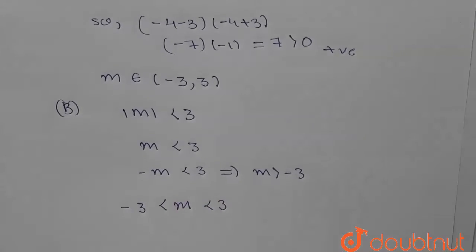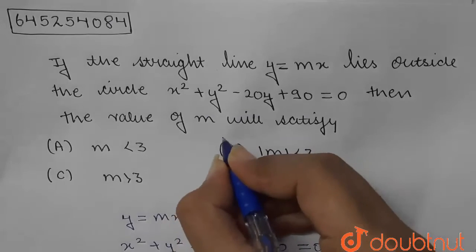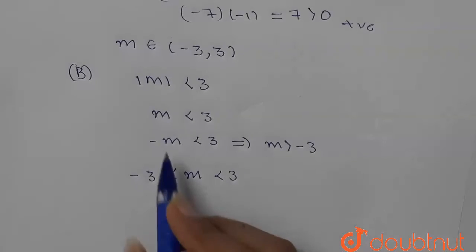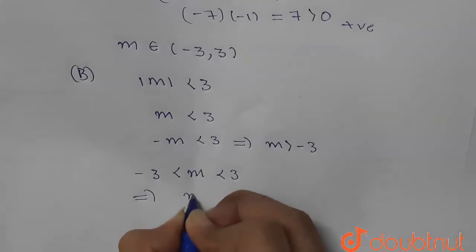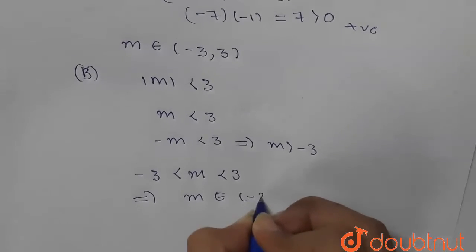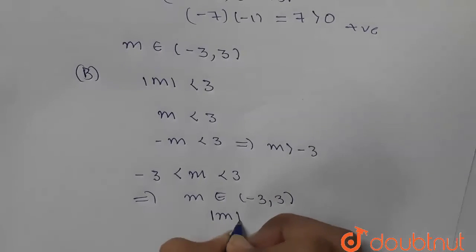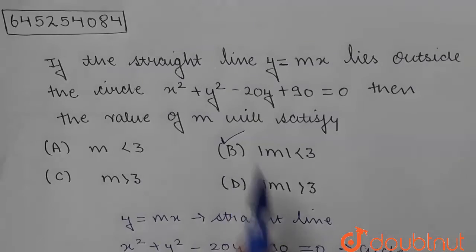Therefore option number B is the correct answer. Since we have got that m belongs to minus 3 comma 3, we can write it as mod of m less than 3. That is why option number B is correct. This is the required answer.